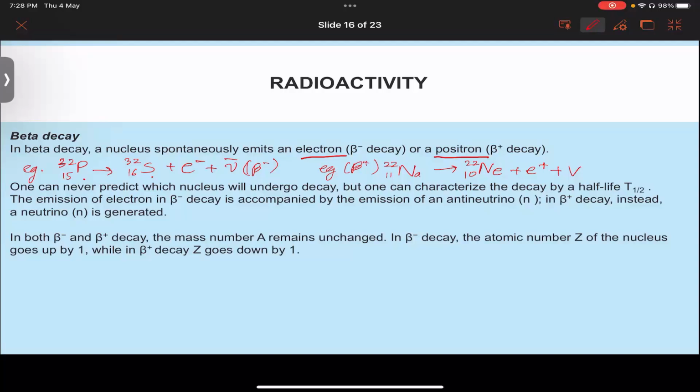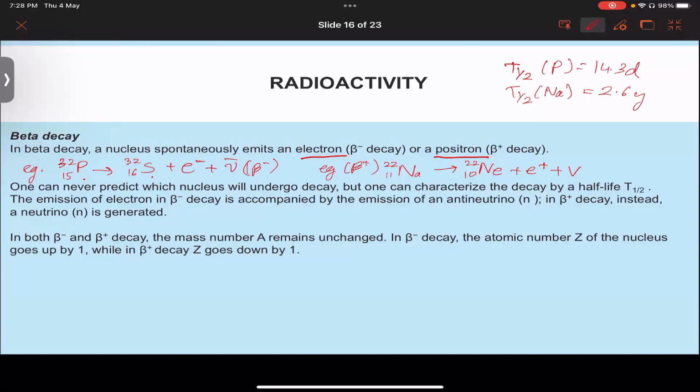For example, the T half for phosphorus is 14.3 days, whereas the T half for sodium is 2.6 years.